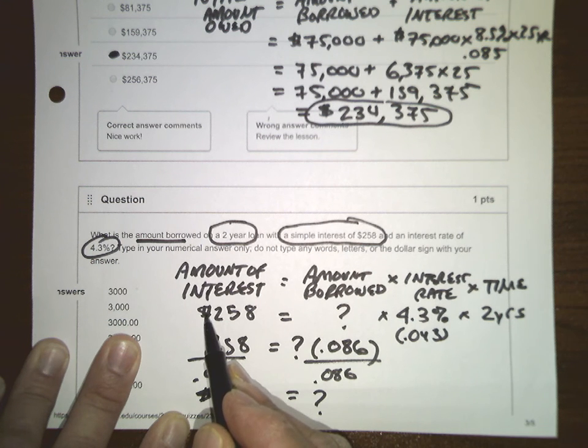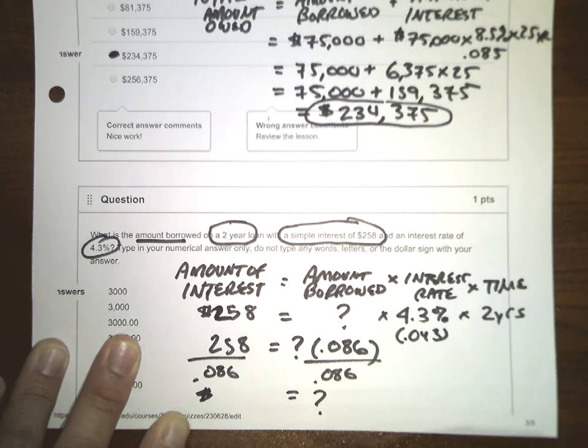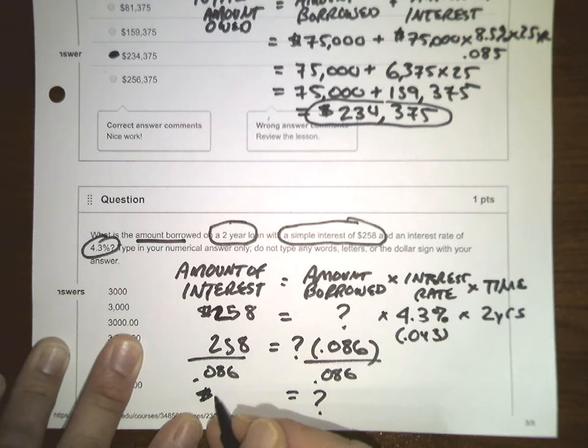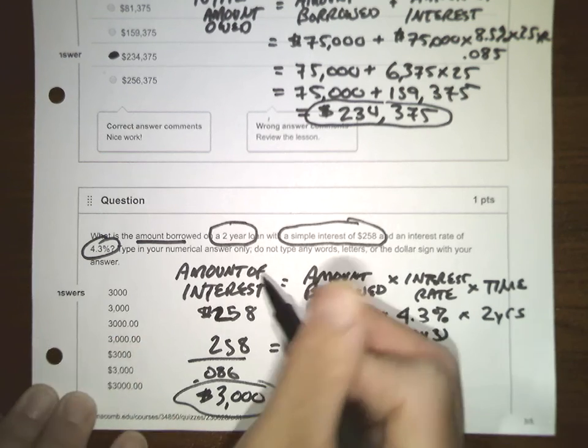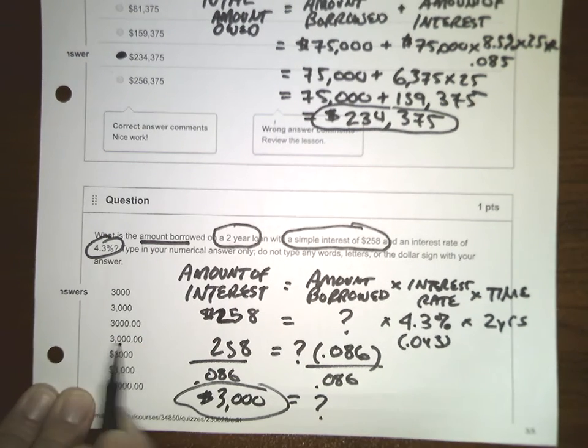Actually, the amount borrowed with this giving $258 of interest. All right, so this would be $3,000 was the amount borrowed. So you can see that right here.